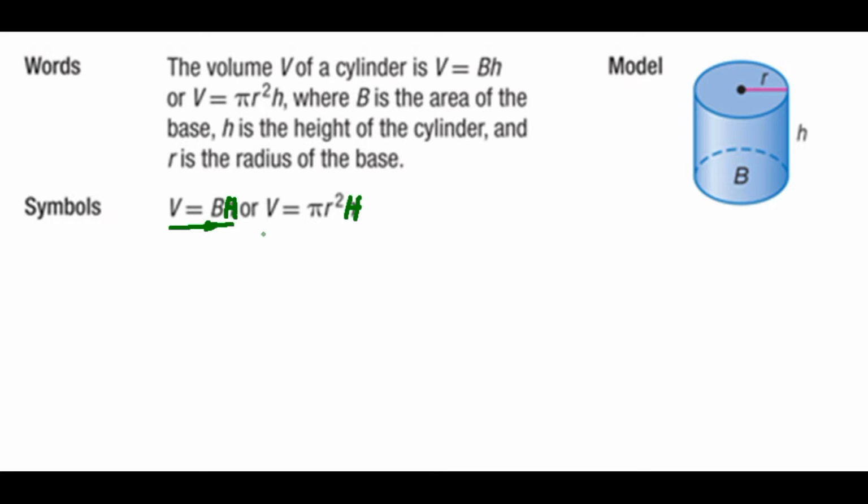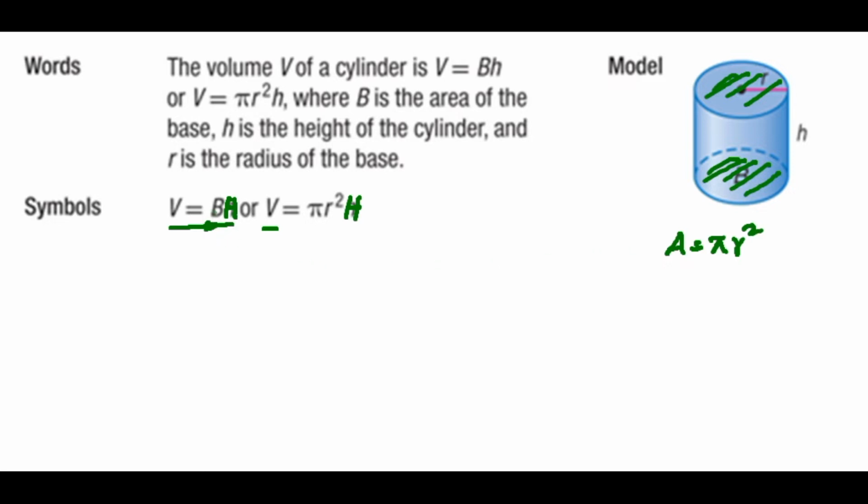And why this formula becomes V equals pi r squared times H, because you can see here both of the bases are circular, so we find the area of the base, which is going to be the area of the circle, and the formula for the area of the circle is pi r squared.